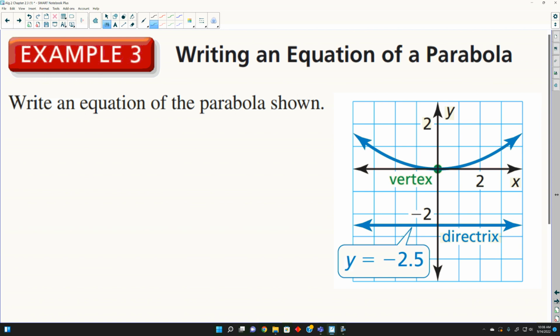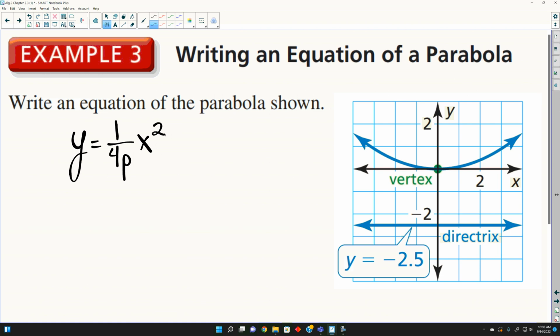Well, this one here is a little bit nicer. They went on and just gave us the equation for the directrix, yes? Y equals negative 2.5. Now we could look at the graph, or we can look at the directrix. Which one has a directrix of y equals? Well, it's our y equals 1 over 4p times x squared. So that means the general form of this equation is right here.